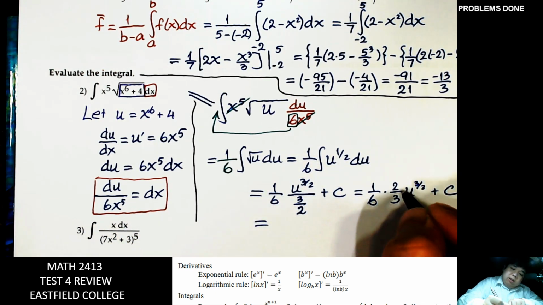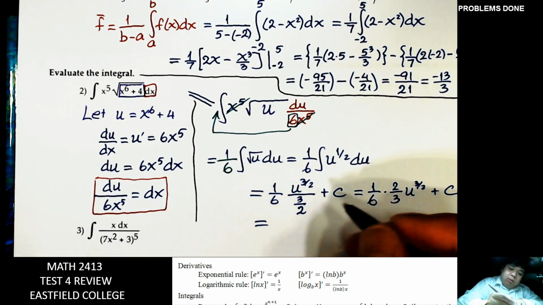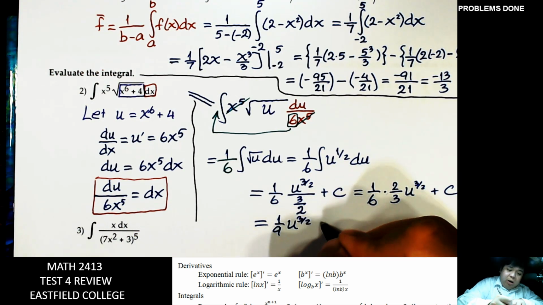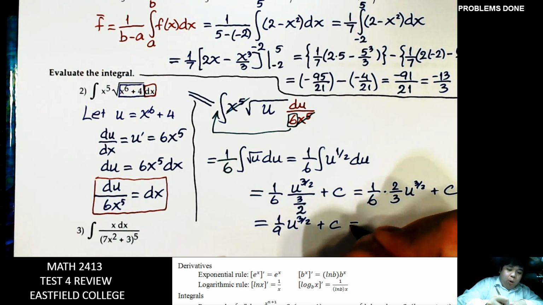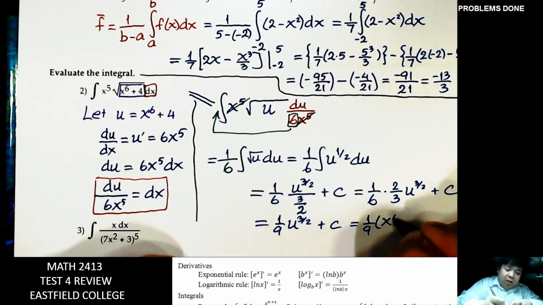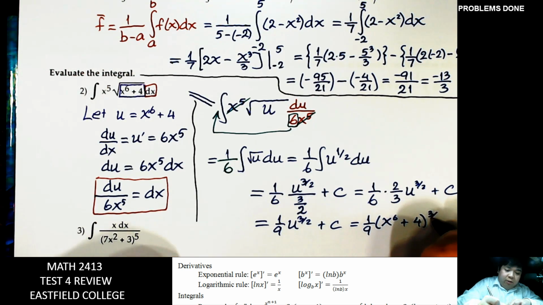And that gives us 1 over 9 u to the 3/2 plus c, or 1 over 9 times x to the 6 plus 4, to the 3/2, plus c.